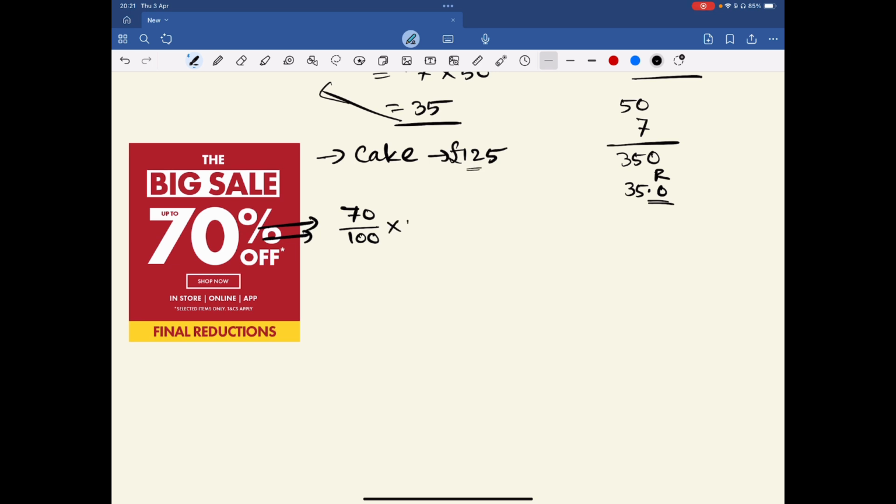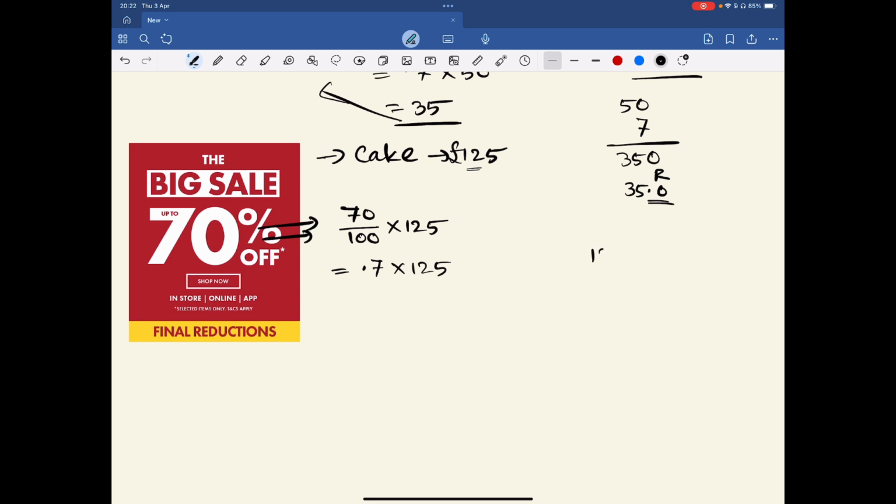So you have to times it with the percentage. You have to times the real number, I mean the asking number, with the percentage. So you already know what 70 out of 100 means. 70 out of 100 means 0.7, and you have to times it with 125.